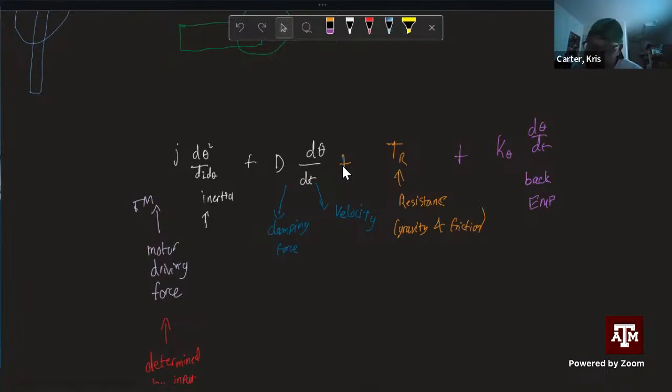And then k theta is the, what is it, back EMF.